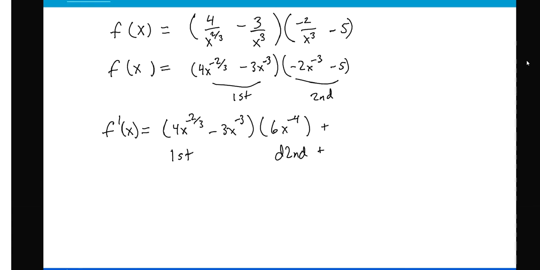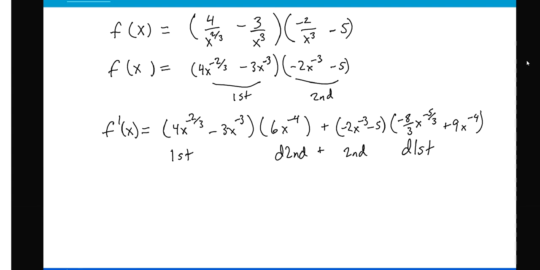Plus second, negative 2x to the negative 3 minus 5. And then d first. So 4 times negative 2/3 would be negative 8/3 x to the negative 5/3. Let's say negative 3 times negative 3 would be positive 9 x to the negative 4.